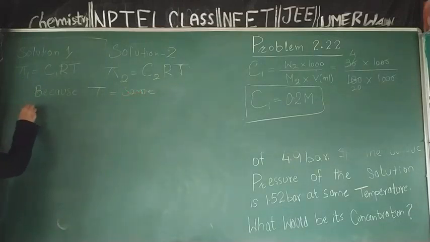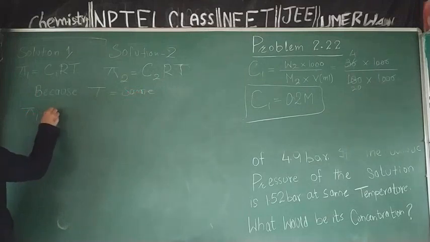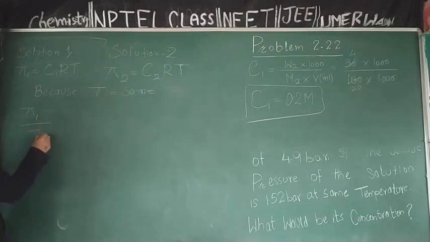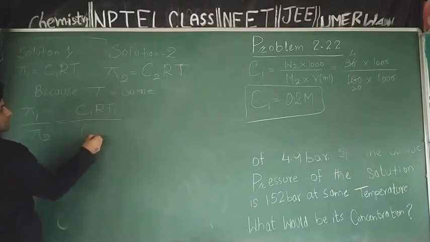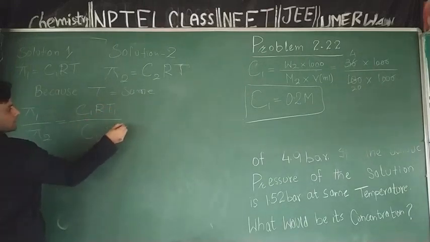I can write pi 1 divided by pi 2 is equal to C1 R T1 divided by C2 R T2.